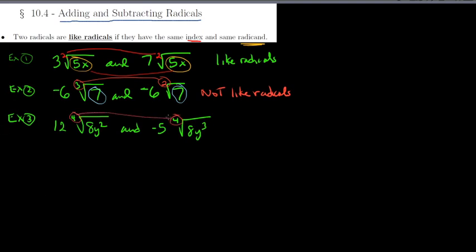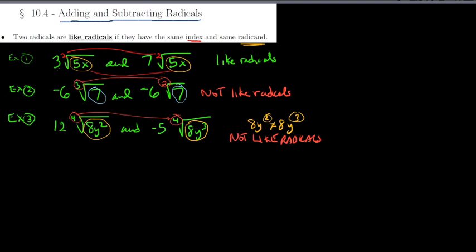They're both 4s, so they're both 4th roots. But are the radicands the same? This is 8y squared and 8y cubed. Those are not the same, because the exponents are not the same. Everything under the radical has to be exactly the same. So these are also not like radicals for that reason. So far only the first one were like radicals.